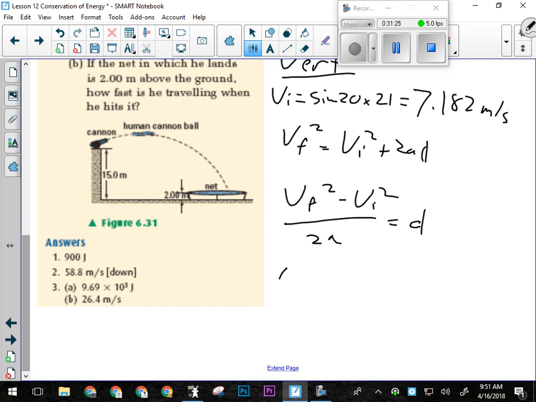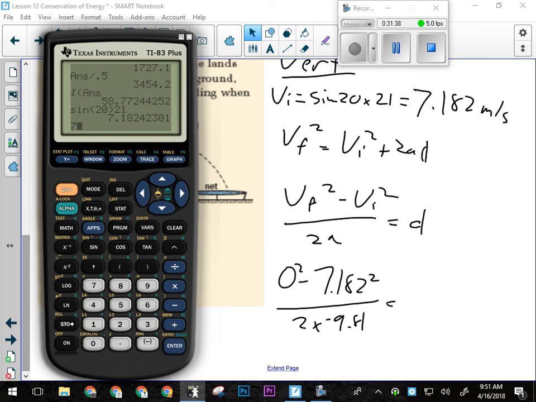So 0 squared minus 7.182 squared, divided by 2 times negative 9.81, and that would give us D. All right, so he's going to end up 2.63 meters above where he started, which was already 15 meters above the ground. Everybody okay with that?